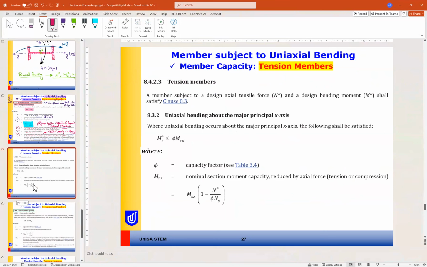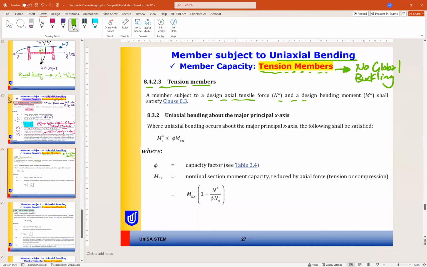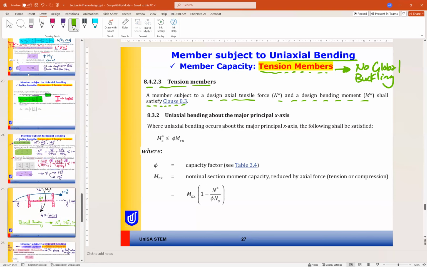For tension members, we are not worried about a global buckling problem from axial loading. So for a tension member under uniaxial bending, the member capacity shall satisfy a check similar to clause 8.3, which we have done earlier.